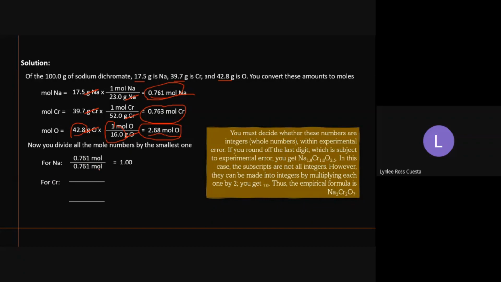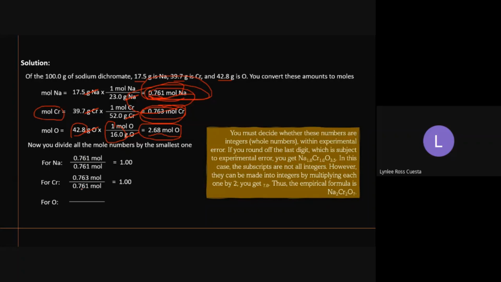For chromium, you have 0.761 mole over 0.761 mole, and then you also get 1. So remember, you first write your answer, the one you get in determining the mole, and then you divide it by the smallest one, 0.761.